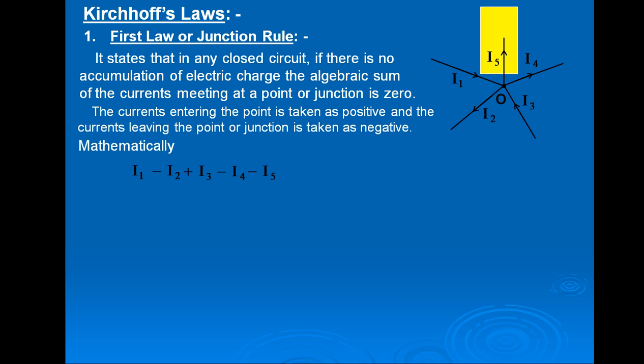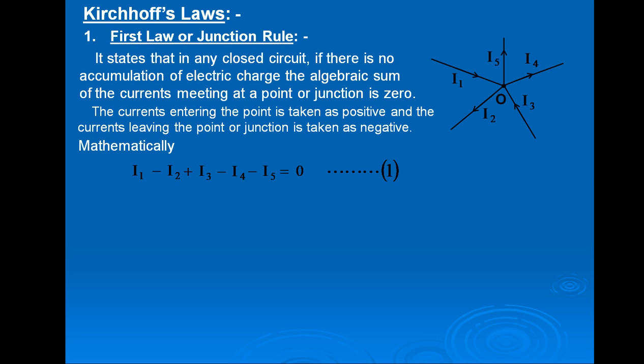Therefore, mathematically, I1 minus I2 plus I3 minus I4 minus I5 is equal to 0.